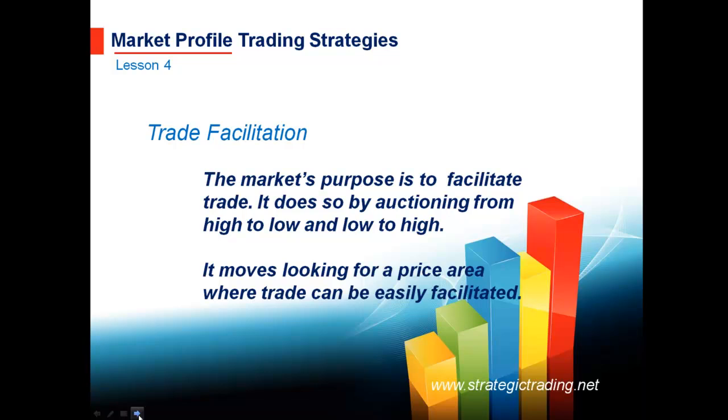Trade facilitation simply means being able to find lots of buyers and lots of sellers that are willing to work together or to transact together. Basically, the market is always moving, trying to determine a value area, an area where a lot of volume can be traded and trade will be facilitated. There's a lot of activity. So the market is always looking for these price areas where trade can be facilitated.